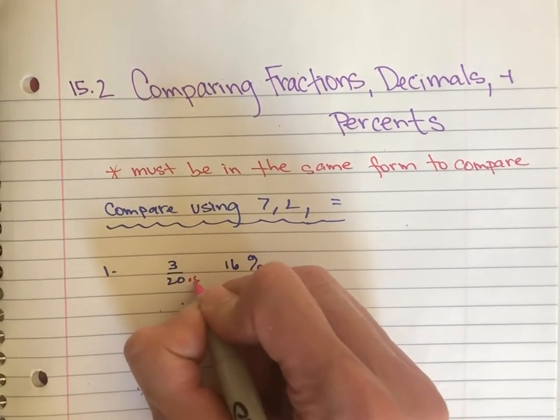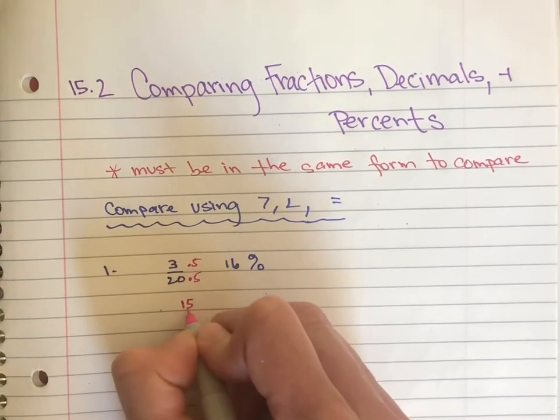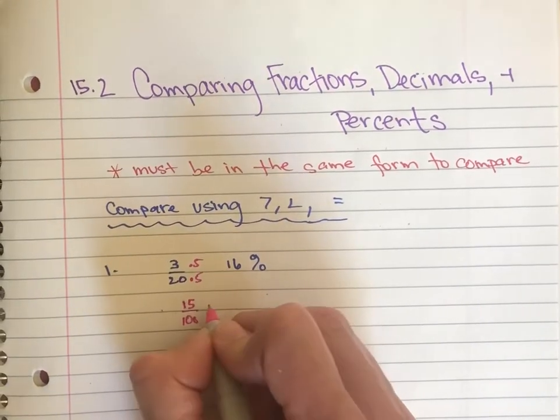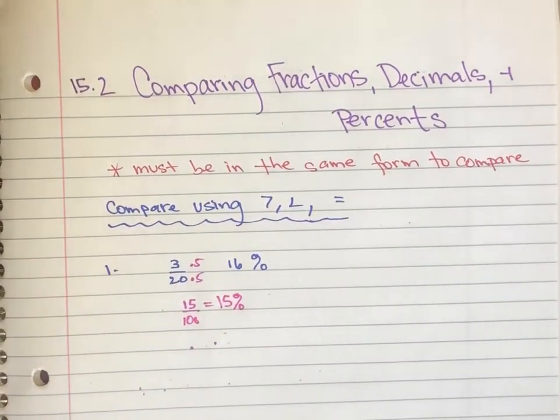So if I multiply these both by 5, I can get 15/100, and I know percents are always out of 100, which means 3/20 is equivalent to 15%.